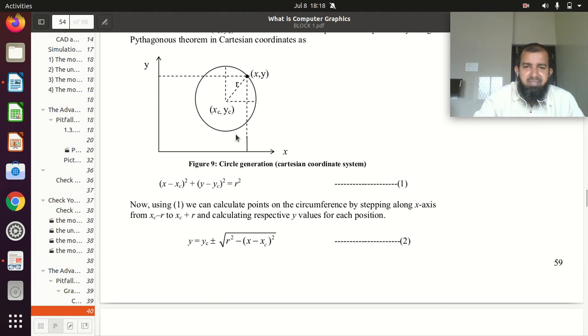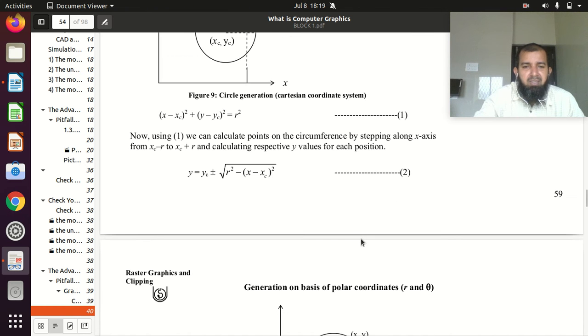So we can go on to find the next points of that circle by stepping along the x-axis from xc minus r to xc plus r, and calculating the respective y values. In Cartesian coordinates, y is equal to yc plus or minus the square root of r square minus (x minus xc) the whole square.